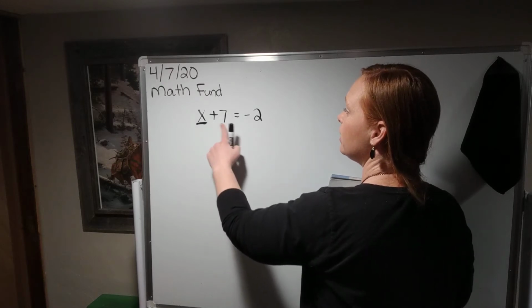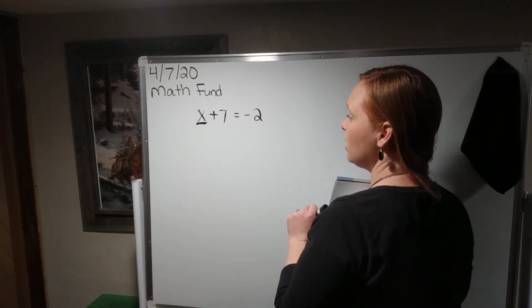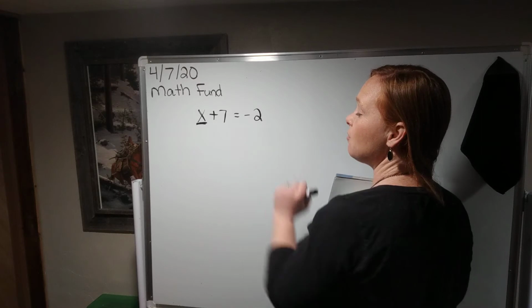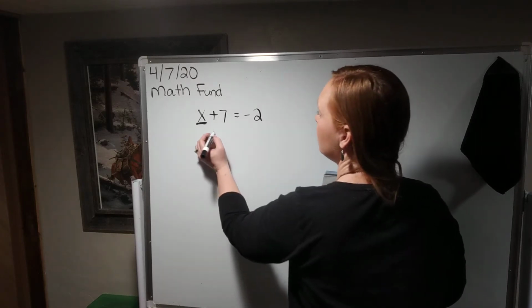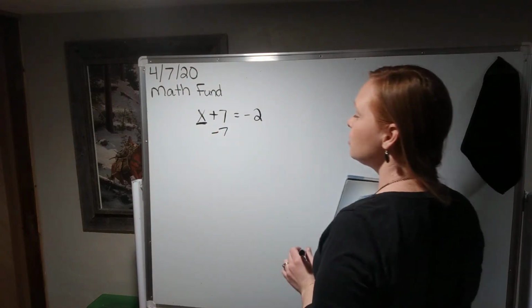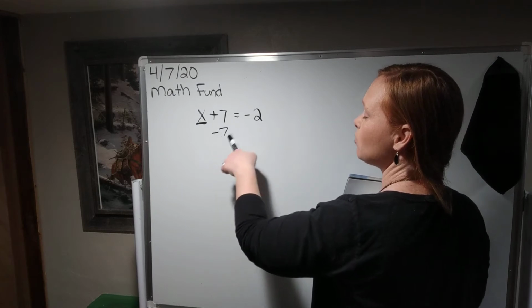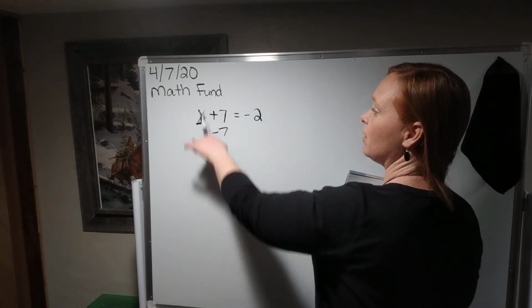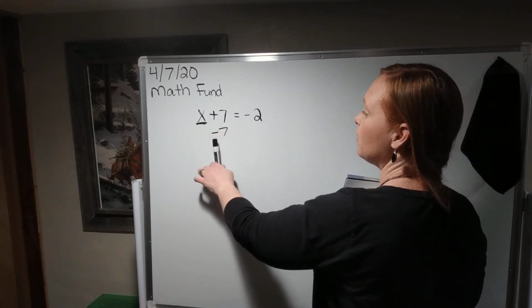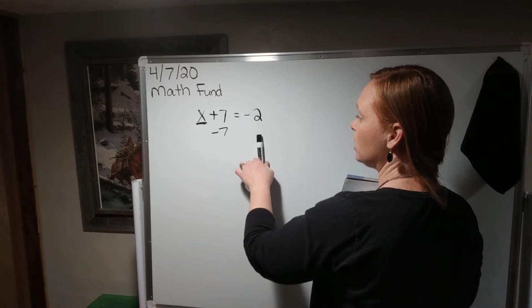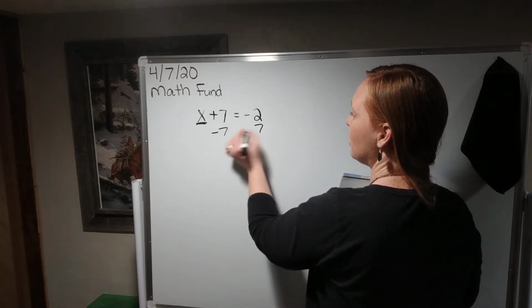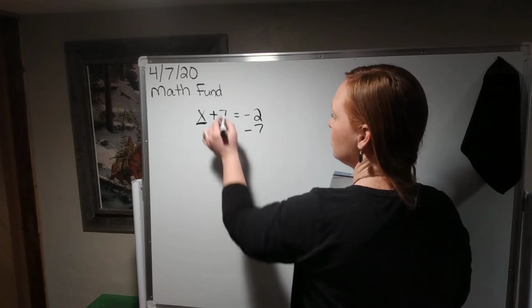Well, I need to get rid of the plus 7. Okay, well, what's the opposite of positive 7? Negative 7. So instead of adding 7, I'm going to subtract 7 to get rid of it and make it 0. Well, whatever I do to one side, I need to do to the other side. So I'm going to subtract 7 from both sides.